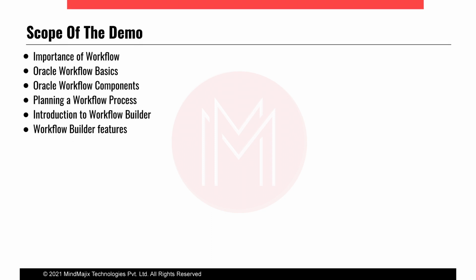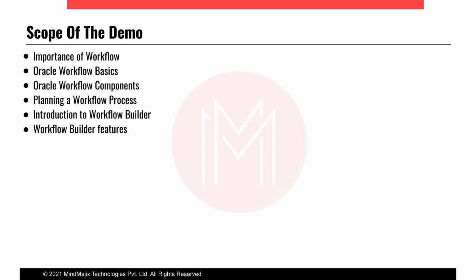The solution came into the picture when Oracle Workflow was implemented. It automates the complete process. It sends an electronic notification to the user on the other side, with an approval, and the user also gets a mail notification.